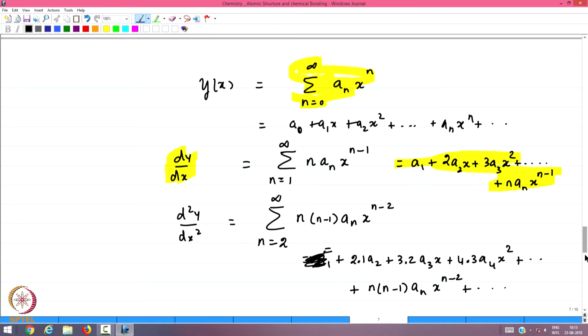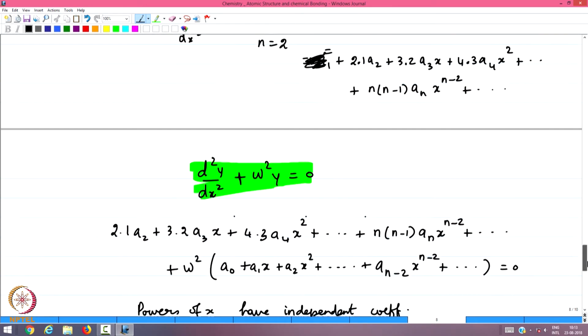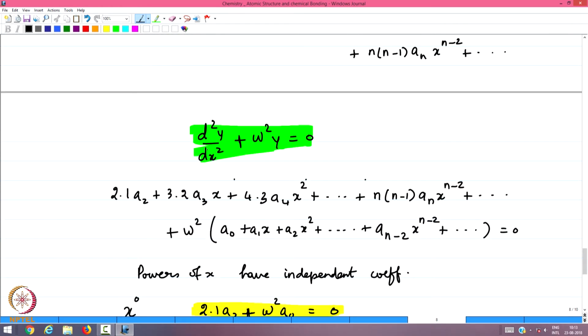Now, the differential equation that we have to solve is d squared y by dx squared plus omega squared y. So, let me just go back to what I have written. If you take the second derivative, this is the expression that I am just copying here.